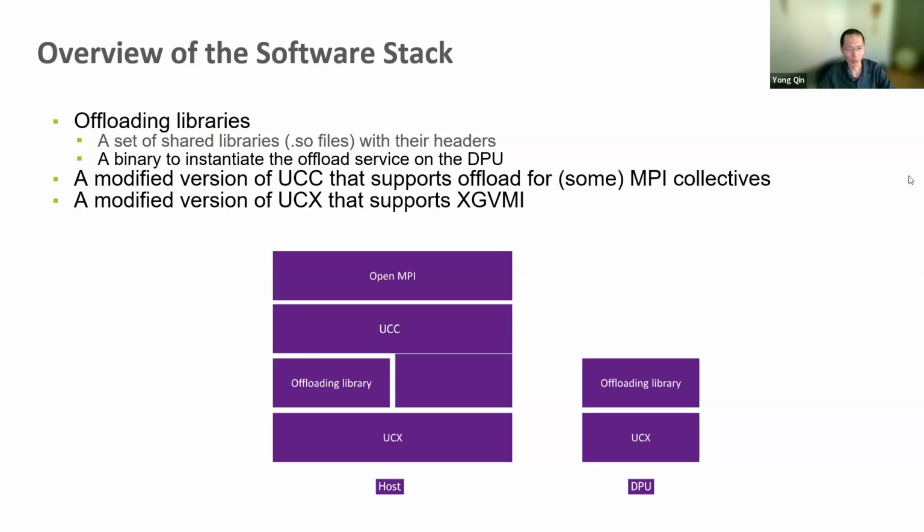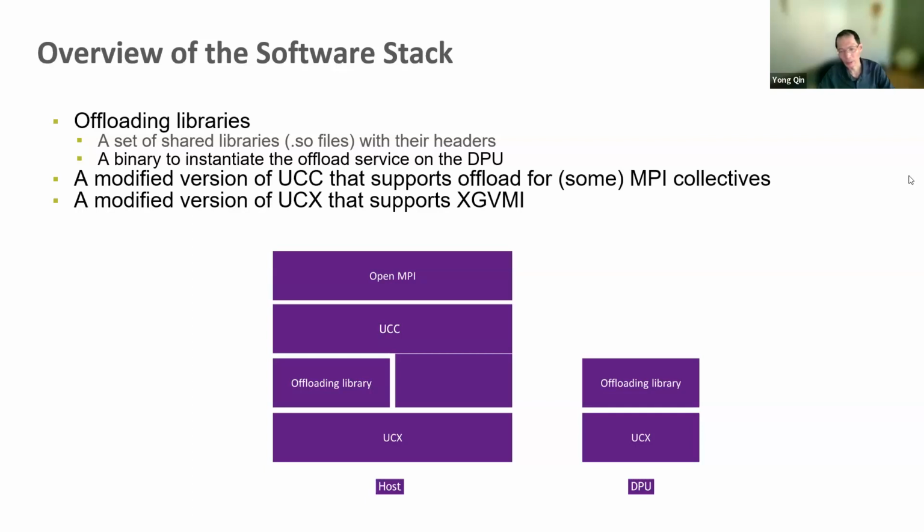And then on top of UCX is the offloading library, which is Mimosa. And if you are not doing any DPU offloading, then you can skip this one and go directly on top of that, which is UCC. And then on top of that is Open MPI. And then further on top of that is your user application.